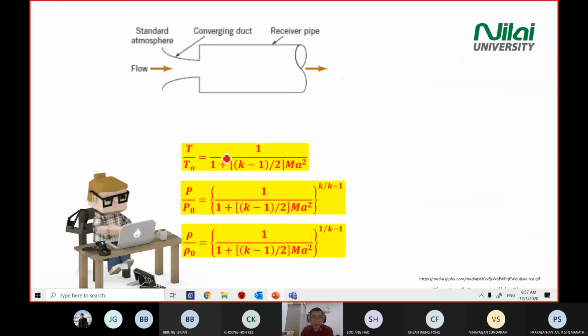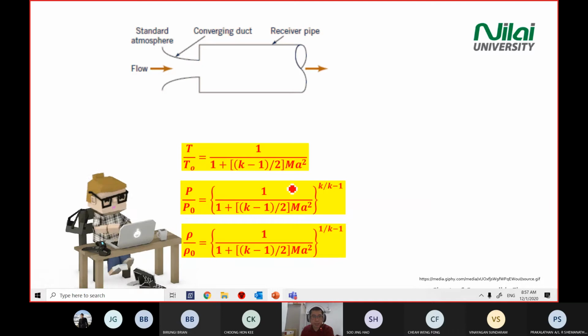And recall these three equations that we mentioned, I think, 30 minutes ago. These three equations are very important when we have compressible problems, especially when you see a nozzle like that. Nozzle, always you will look at these three equations. T over T0, P over P0, density over density 0, stagnation.